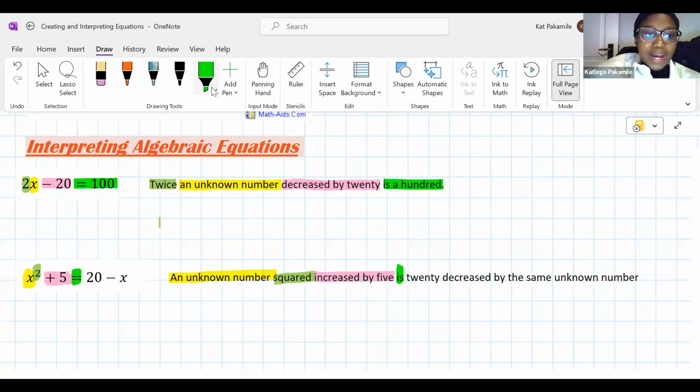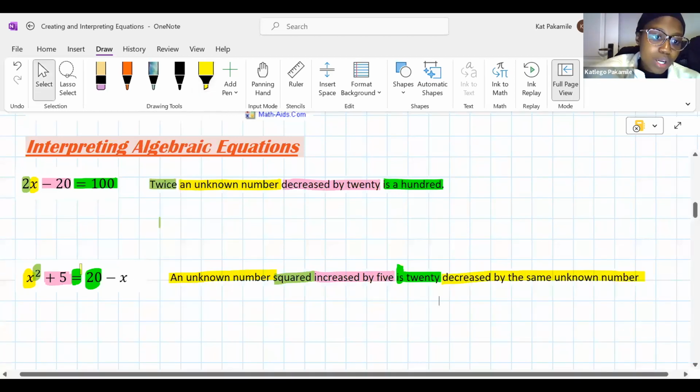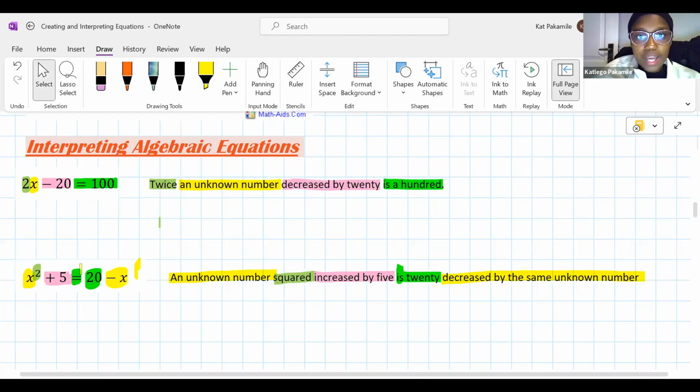Decreased by the same unknown number. So I'm using the same color because you are decreasing by the same X that you squared on the left-hand side. Okay, guys, are you with me? Okay, who's next? We still have more to do.